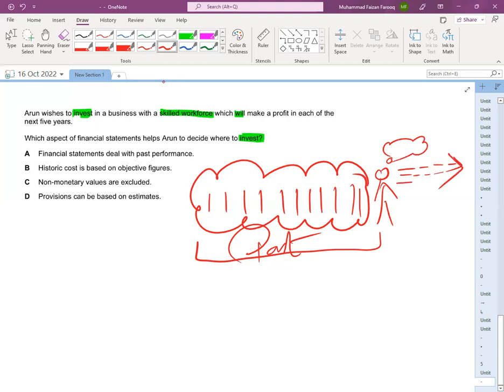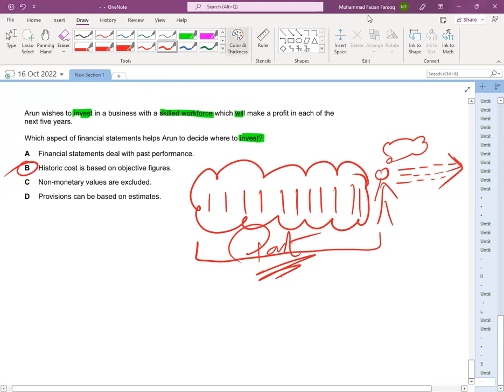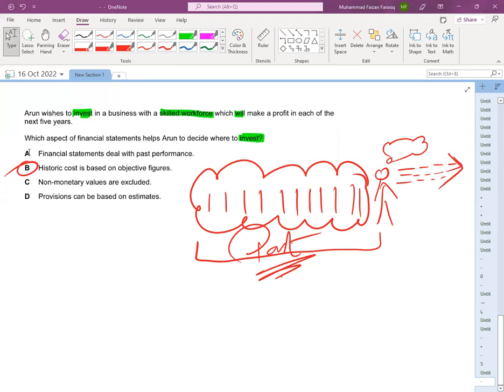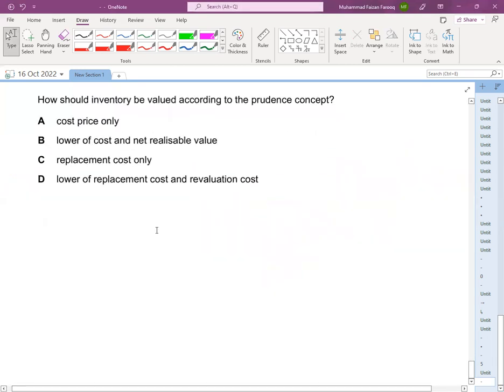So looking at the past, what does this mean? Keeping the records properly at historical cost means historical cost is based on objective figures. So the answer for this particular question seems to be option B. B for boy.